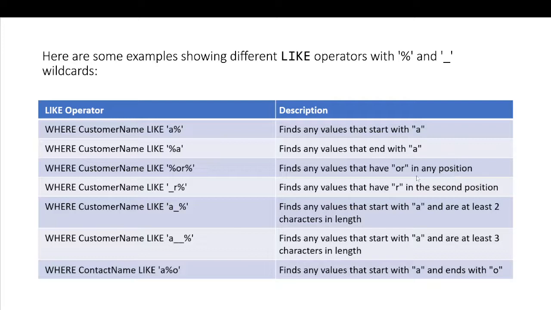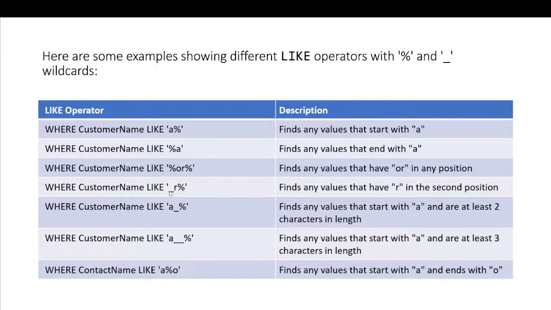Okay, we will see one by one example. First we will see the theoretical part. Underscore underscore r percentage. For example, if I have a name called Sarah, I give two underscores because of S and A, and I give R and percentage.